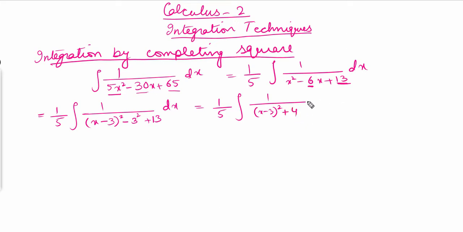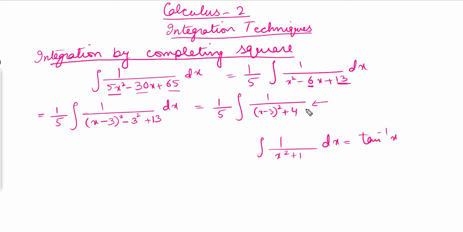Now over here I have to divide the numerator and denominator by 4 to make this 1, because this will become a formula of tan inverse x. The derivative of tan inverse x is 1 over x square plus 1, so the integration of 1 over x square plus 1 dx will give us tan inverse x.